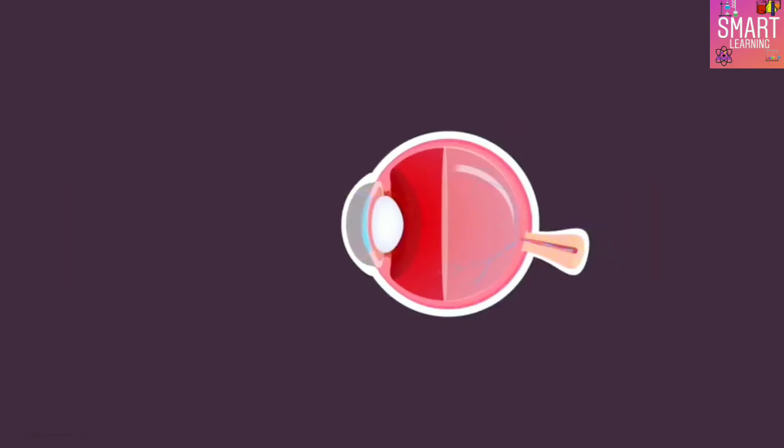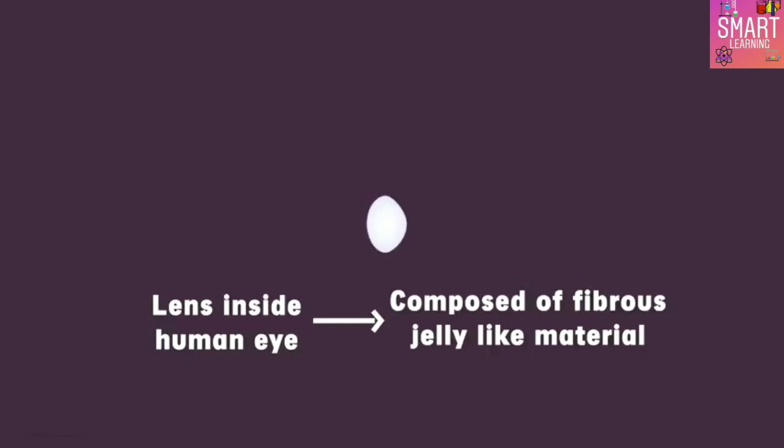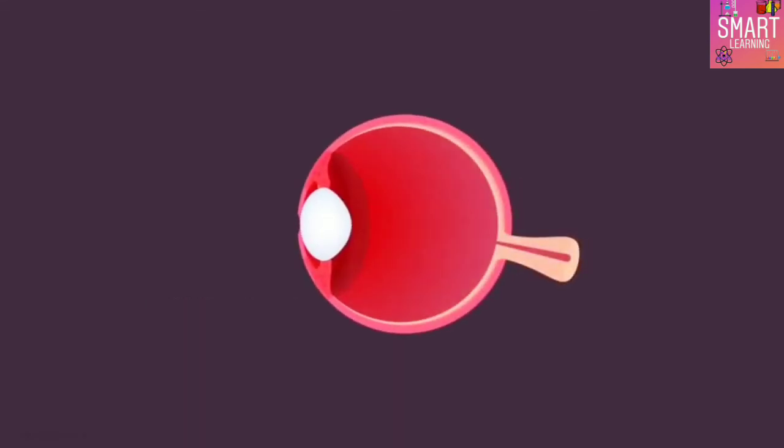This is because the size and shape of this lens is not fixed. This is a flexible lens composed of fibrous jelly-like material. Therefore, the lens can temporarily change its shape up to a certain extent. But how? The movement of the lens is controlled by muscles called the ciliary muscles.